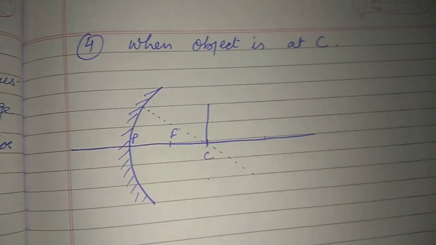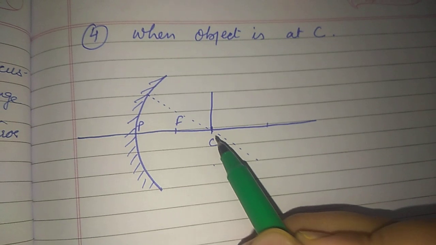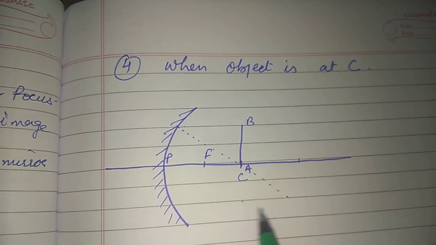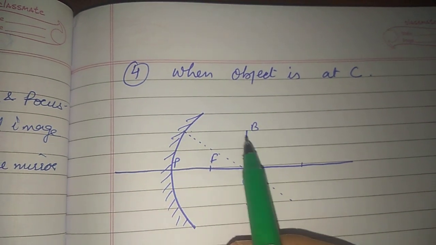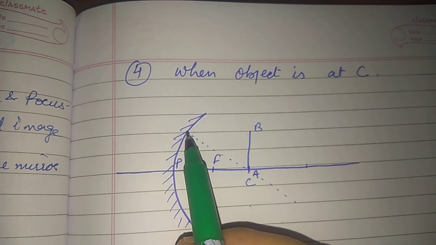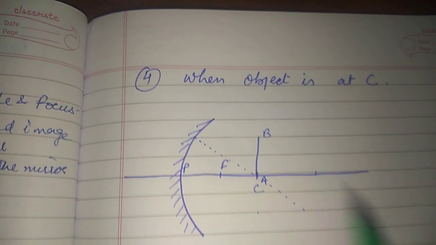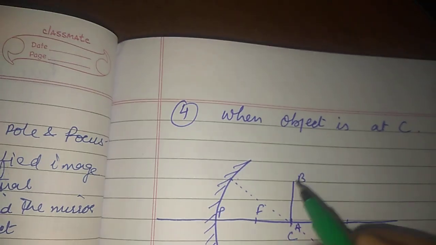So now let us draw the diagram for this. So for this case I have drawn the object AB exactly at the center of curvature, and as the incident ray is going to fall here at this point, I have drawn the normal by joining this point with the center of curvature. Now let us draw the ray diagram.